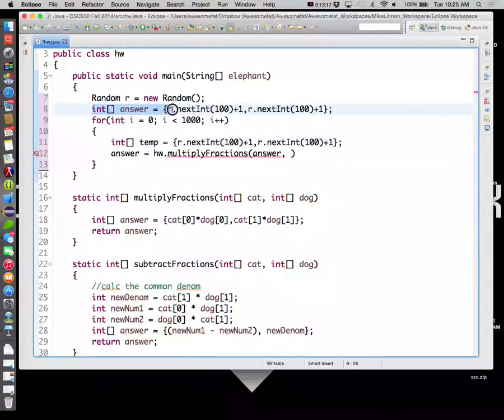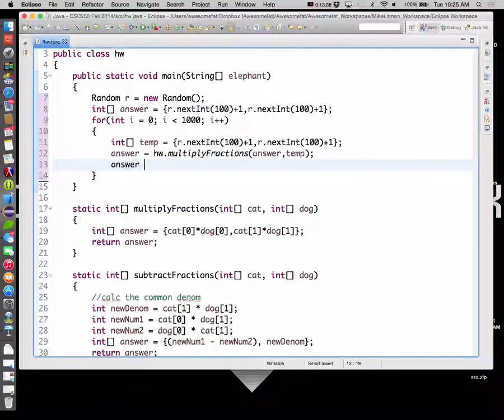So I prime the pump by setting answer equal to some random fraction. Then I'm going to do something 1,000 times. Each time through, I'm going to generate a new fraction, temp, that's going to be some random fraction. And then I'm going to set answer equal to multiply fractions of answer and temp.